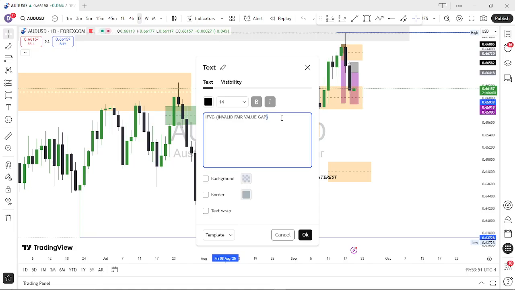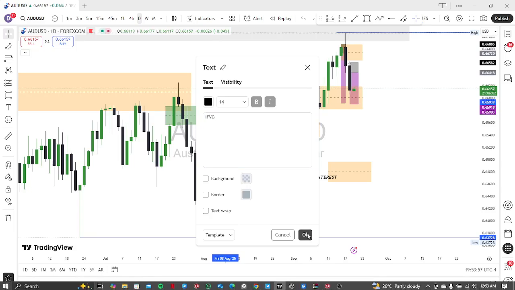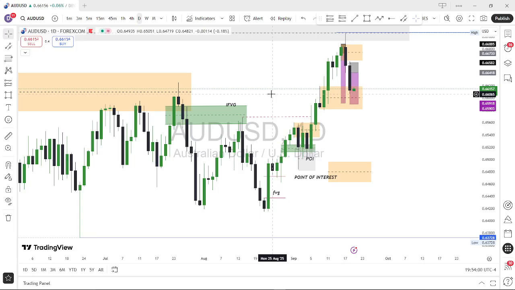I wouldn't want that to be long because of the space. Do you understand? Invalid fair value gap created. I get that right into it. Going for long, going for short instead.